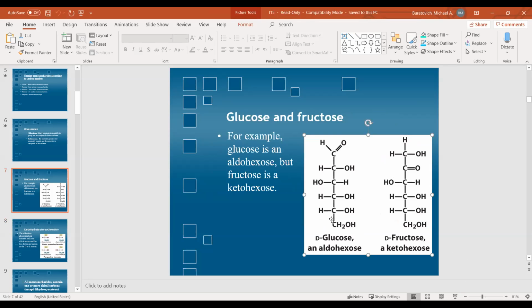This one here, it's on this side, so that's D. This one here is on this side, that's D. If it was over here, then it'd be L. And in living systems, D sugars are usually what you see. Not L, but D. You have L amino acids, D sugars.